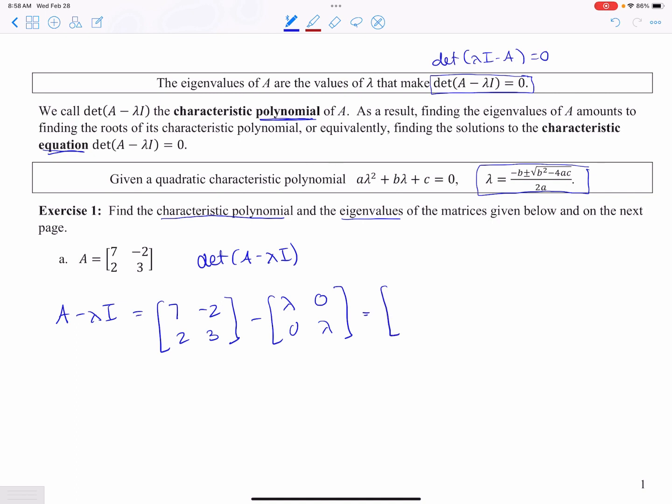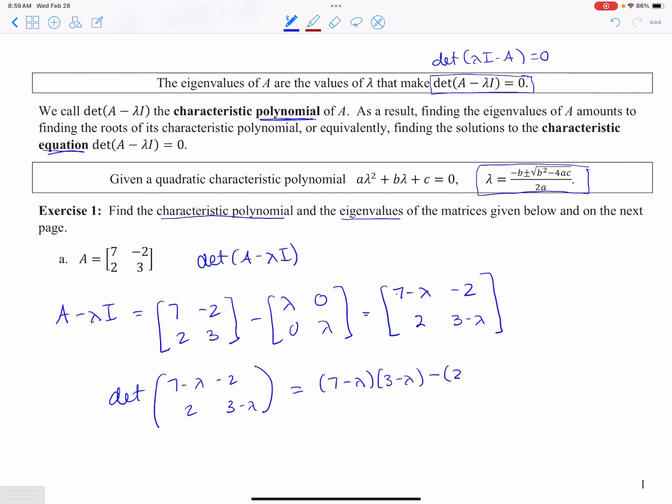So then if we subtract those two, we'd have 7 minus lambda, negative 2, 2, 3 minus lambda. So the determinant of that is ad minus bc.